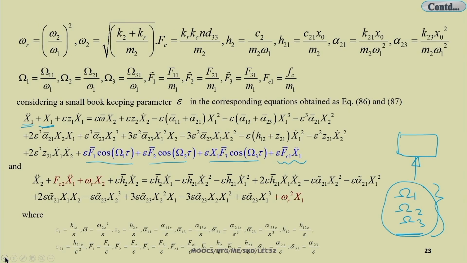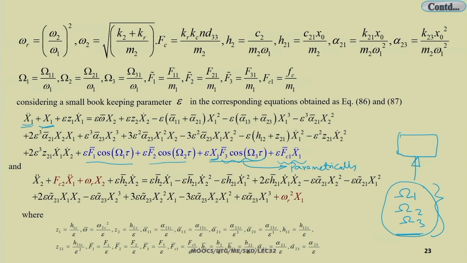Now check the third forcing term. In the third forcing term, this is parametrically excited, as the coefficient of x1 is the time varying term f3 cos omega 3 t. It will give rise to a resonance condition when omega 3 is nearly twice the natural frequency of the system.